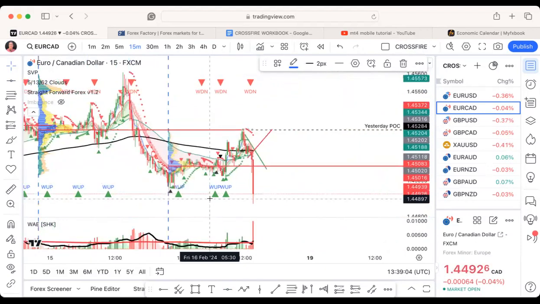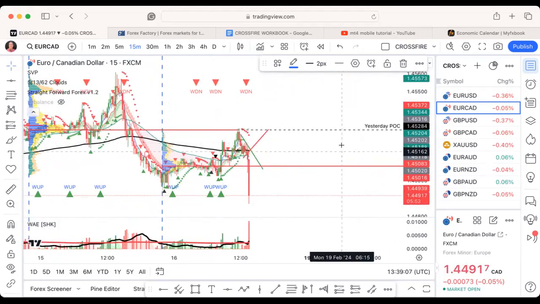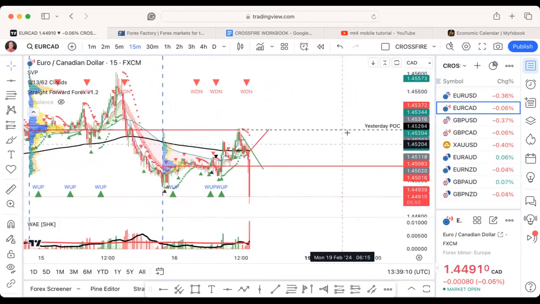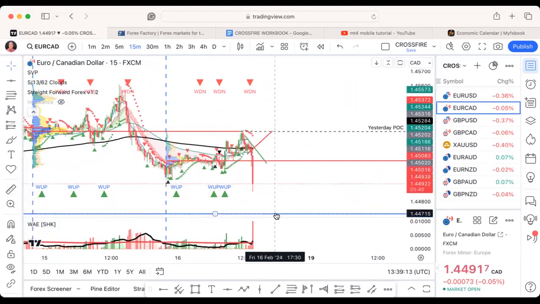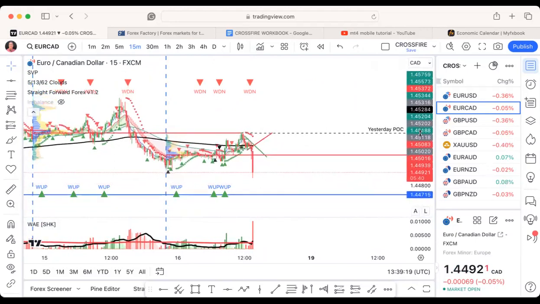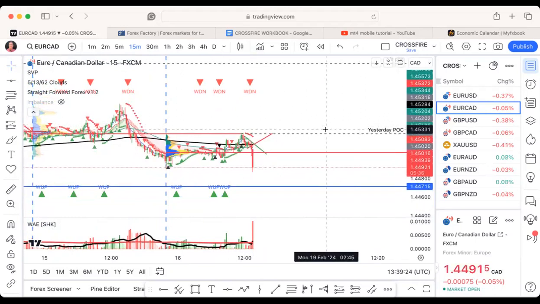And then if you go back to where we are now, there is a reason for price to go down. There. So we've got reasons for price to go up and we've got reasons for price to go down. We don't know what they're going to do. But we've got a couple of potential targets.